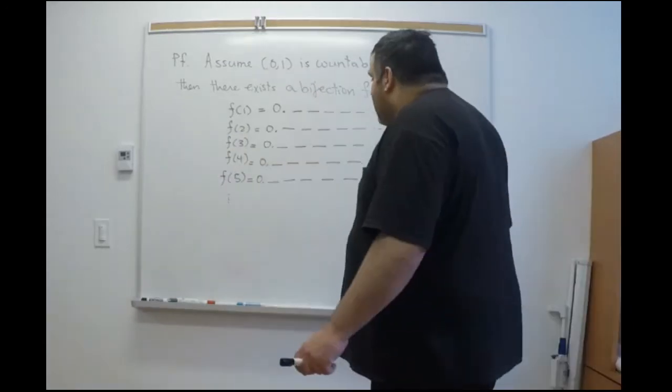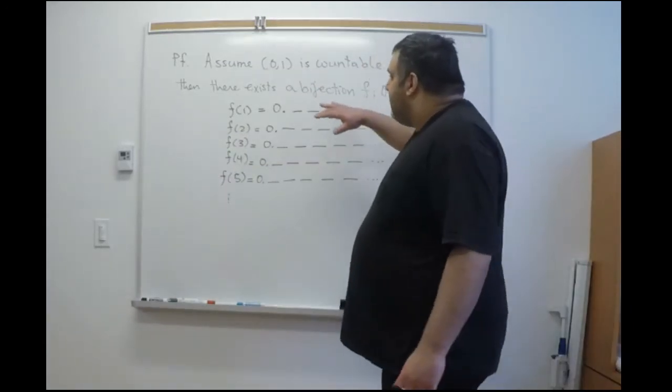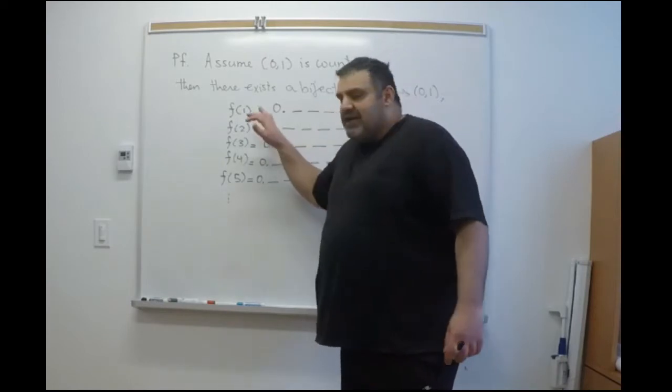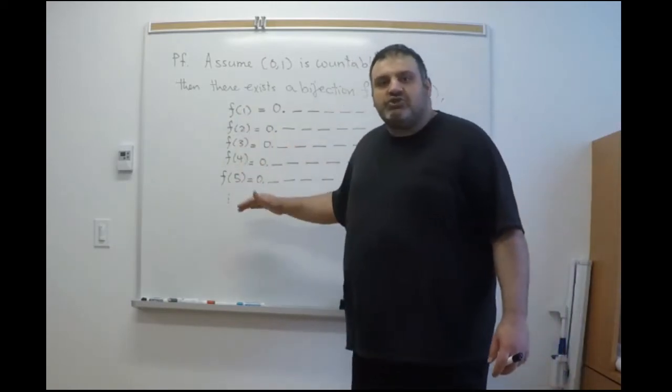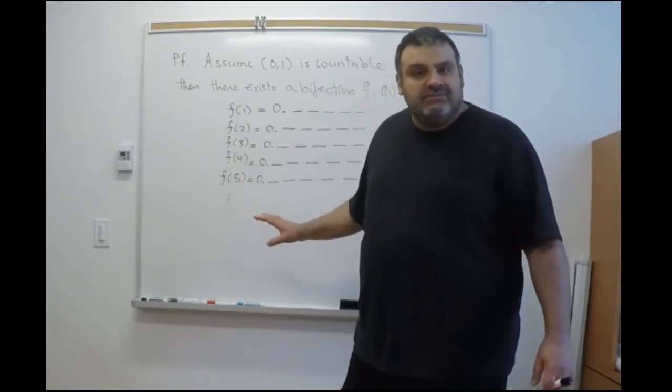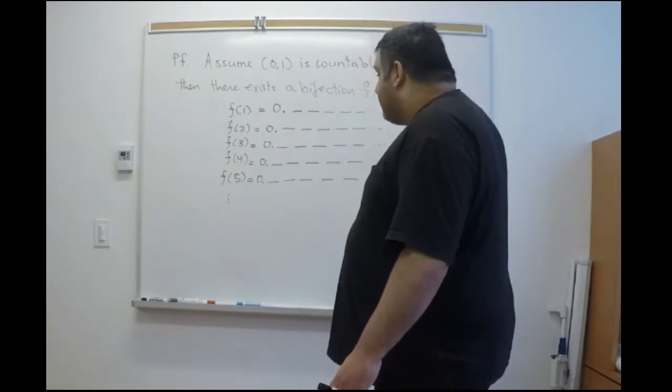Okay? So now, if this is a bijection, every element in (0, 1) has to occur exactly once, and they have to occur.